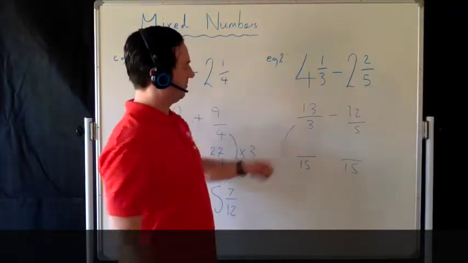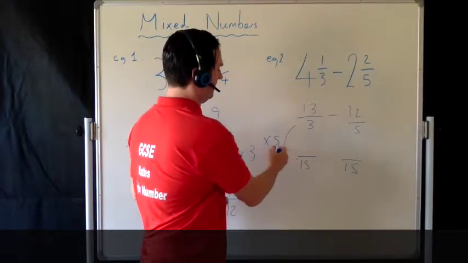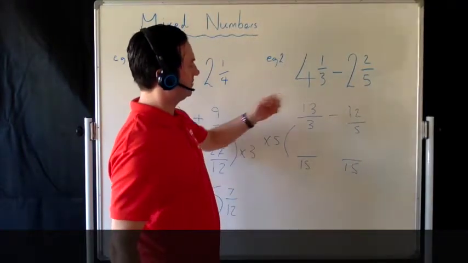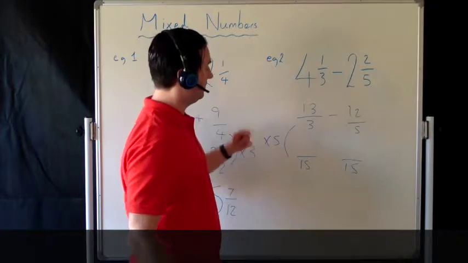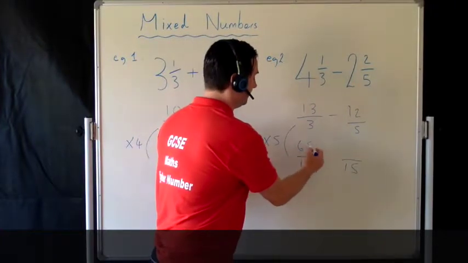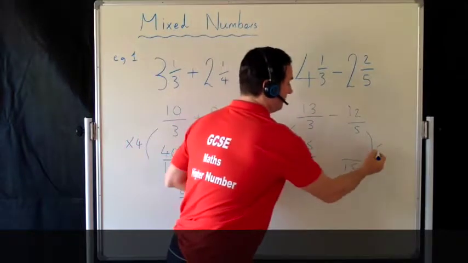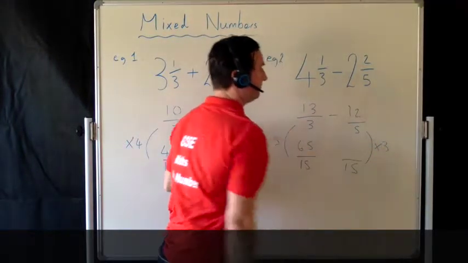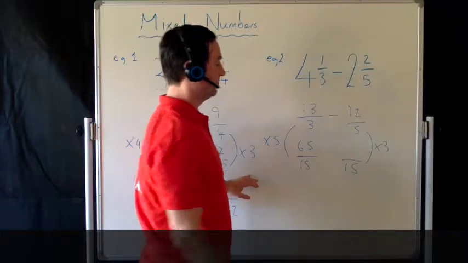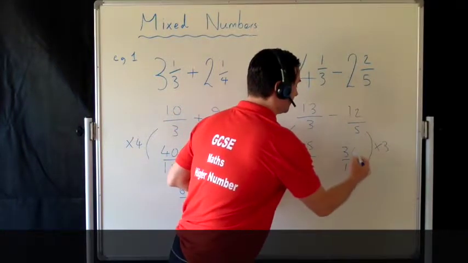3 times 5 gives me 15. I've multiplied the 3 by 5, so I need to multiply the 13 by 5. 5 13s are 65. I've multiplied the 5 by 3 to get me to 15. 3 times 12 gives me 36.